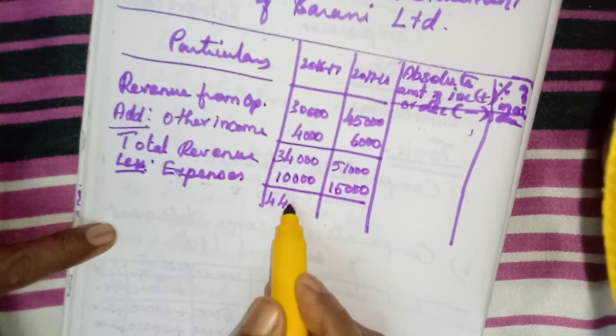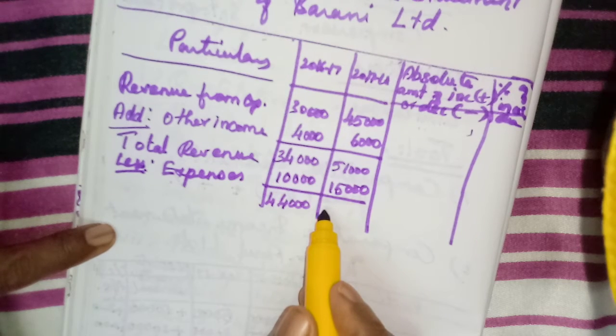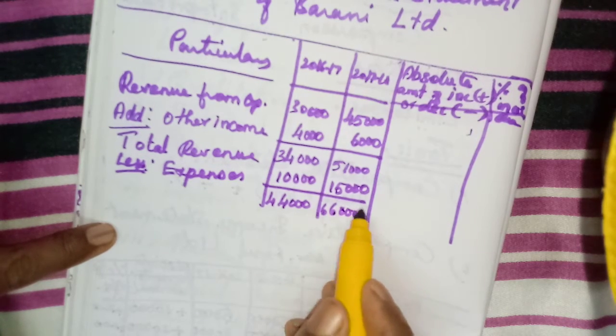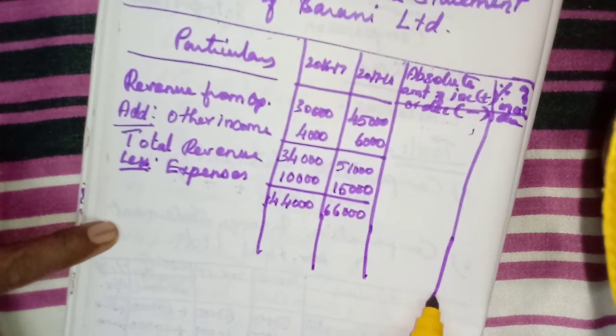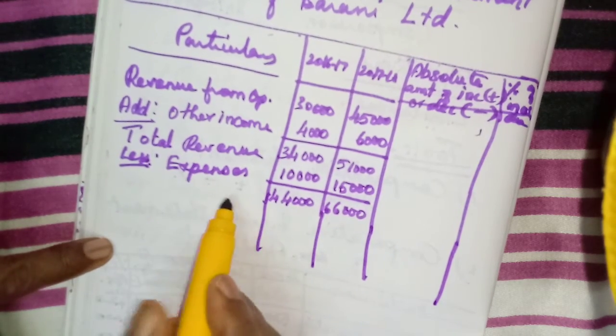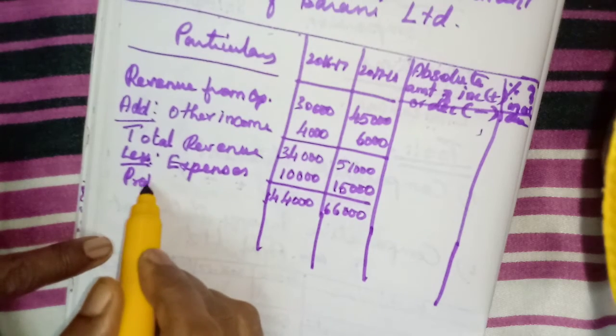So 44,000, 66,000. This is profit before tax.